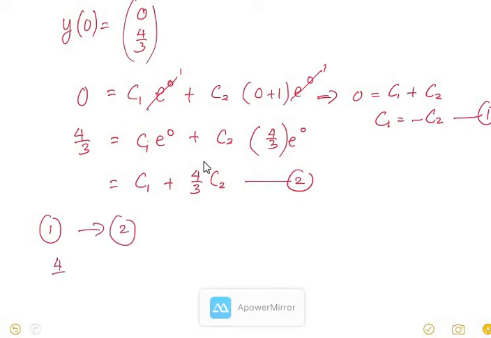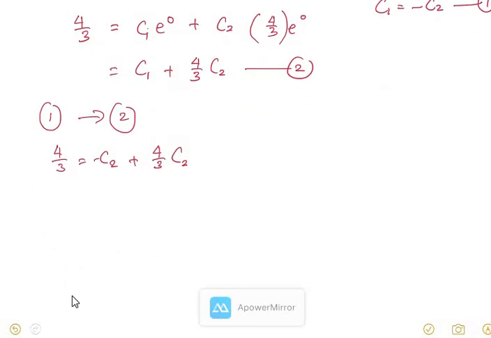So I have 4 over 3 equal to C1 minus C2 plus 4 over 3 C2. So 1 over 3.